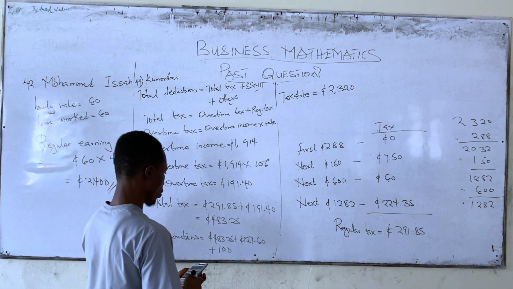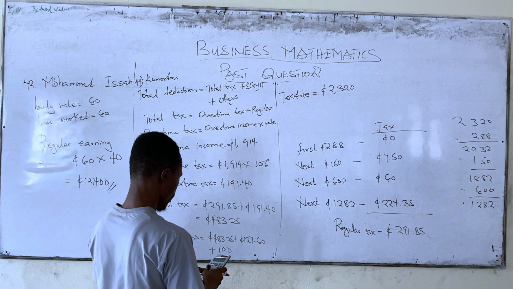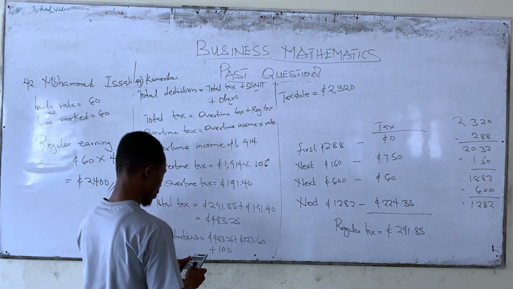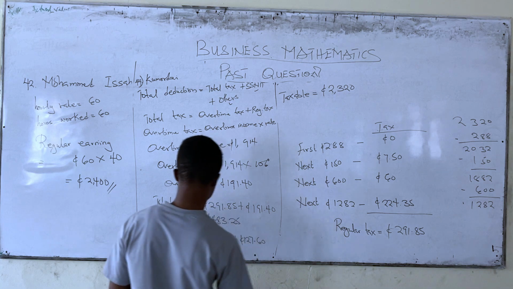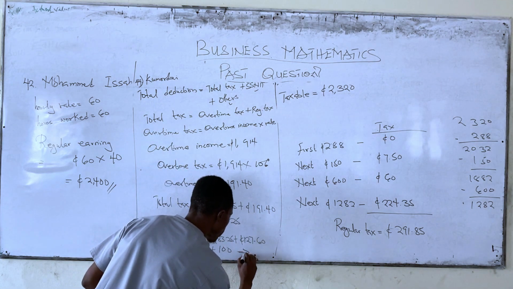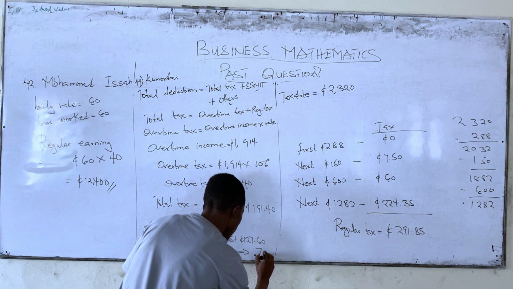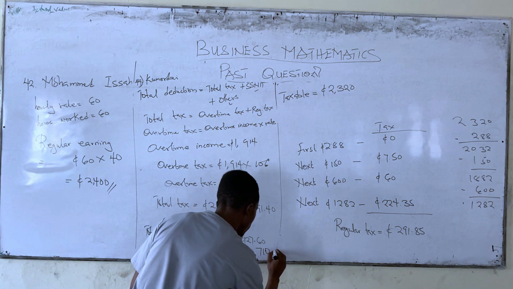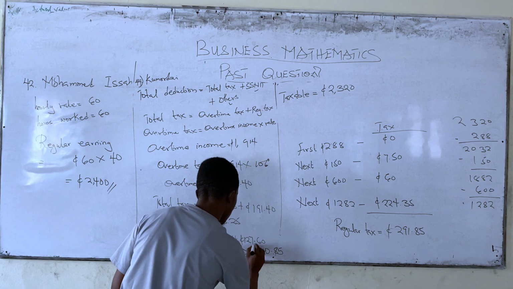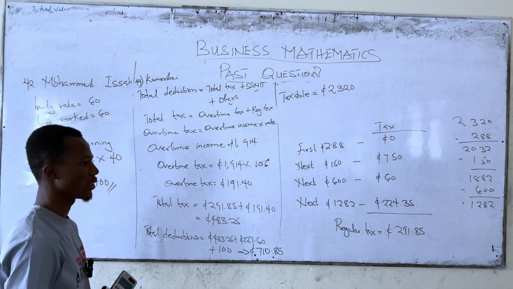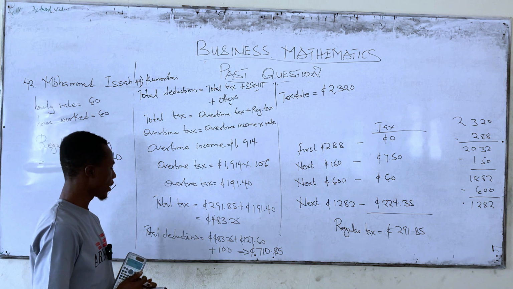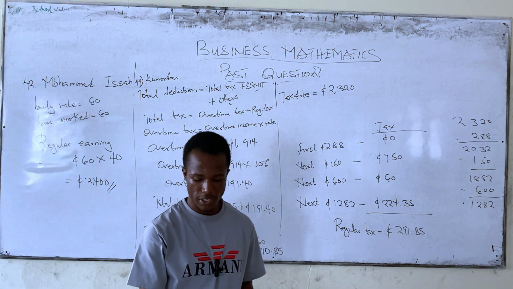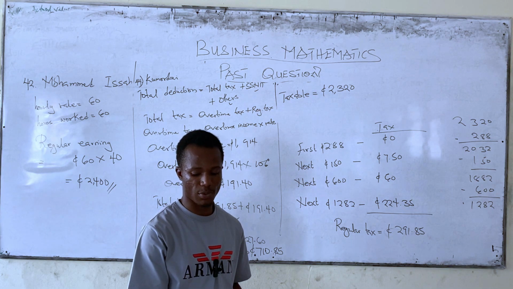So we are going to add everything. The total deduction in this context is going to be 710.85 Ghana cedis. So that is the total deductions for him. Yes, it would be better I use the pronoun.